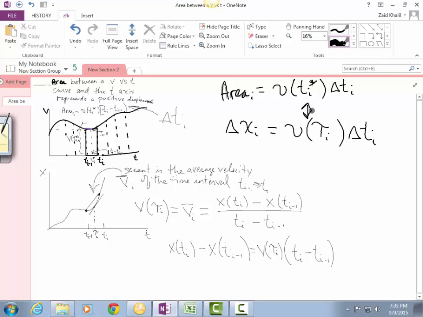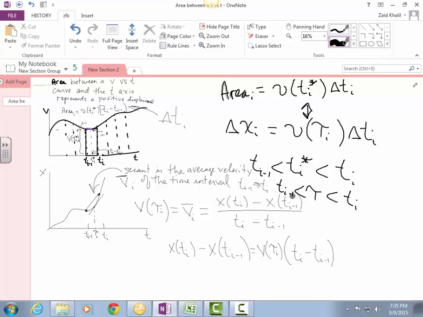Well, what we know is that ti star is some intermediate time point between ti and ti minus 1. And similarly, tau is the same deal, some intermediate time point between ti minus 1 and ti. So how could we make those two velocities equal? Well, it's very simple.